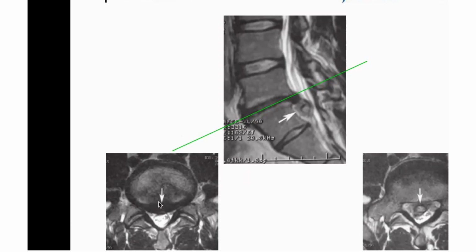It looks like a protruded contained disc herniation, not compressing any root. Thecal sac is free, right? But when you take a section from here, then we see the big extruded sequestrated material lying over here, compressing the entire thecal sac, pushing it, and also slightly compressing the traversing root.